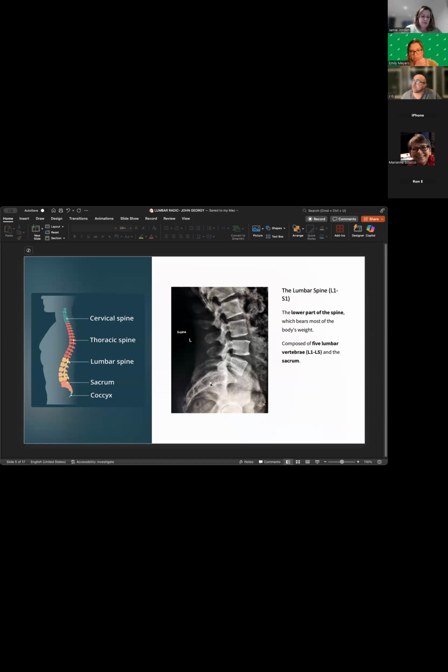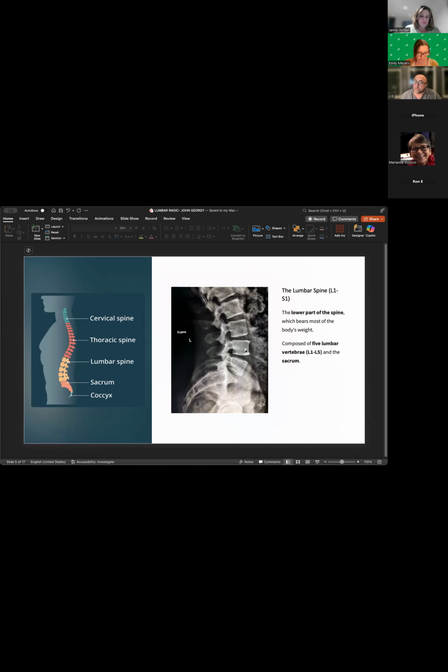A lot of where our body takes the brunt of the sciatic conditions happens at the most bottom two. These two are the most common areas that take the brunt of our wear and tear as we age, or traumatic events that occur. Usually, it'll happen most commonly here, but it can happen in the upper lumbar spine.